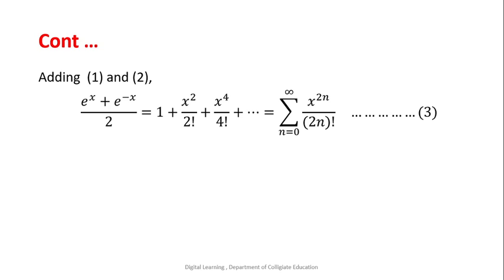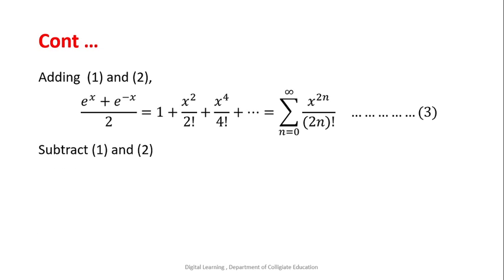Now adding equation 1 and equation 2, we get the formula e to the power of x plus e to the power of minus x divided by 2 is equal to 1 plus x square by 2 factorial plus x to the power of 4 by 4 factorial plus so on. This can be expressed in summation form n equal to 0 to infinity x to the power of 2n divided by 2n factorial.